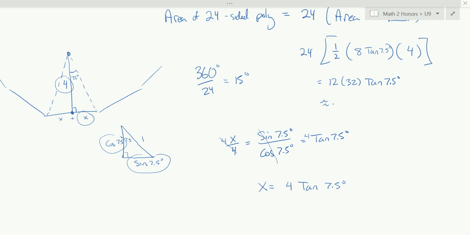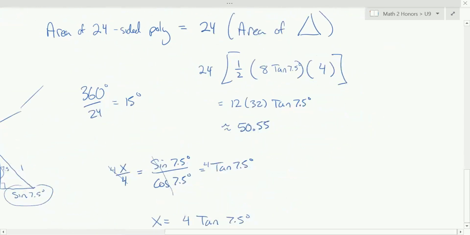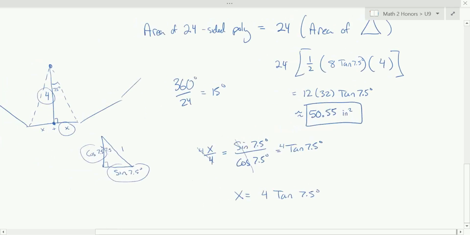So 50.55. And did I give you units? I said inches, so this would be square inches. Okay. So there you have it.